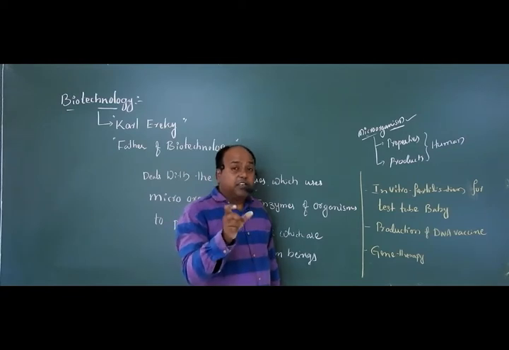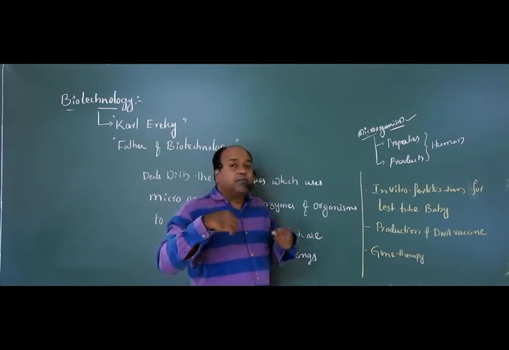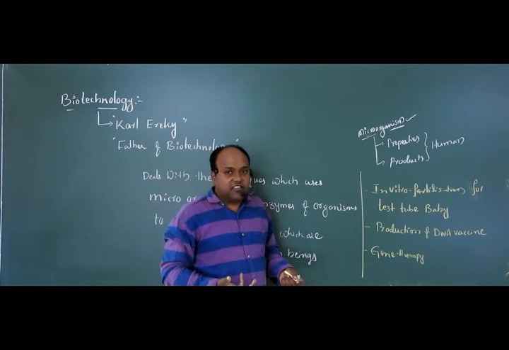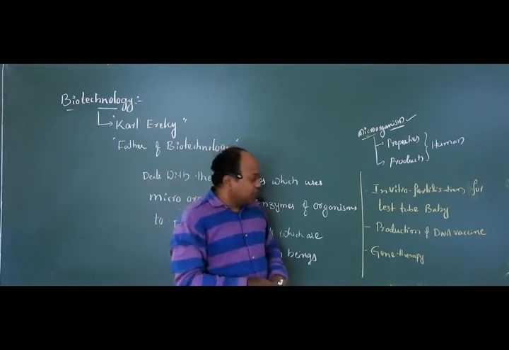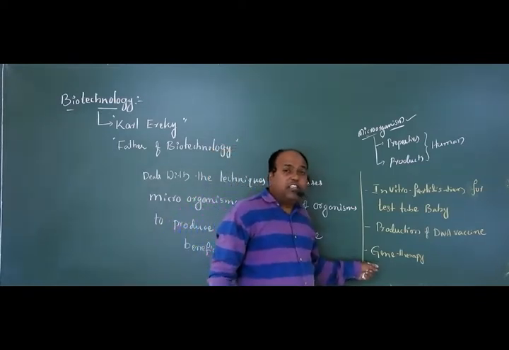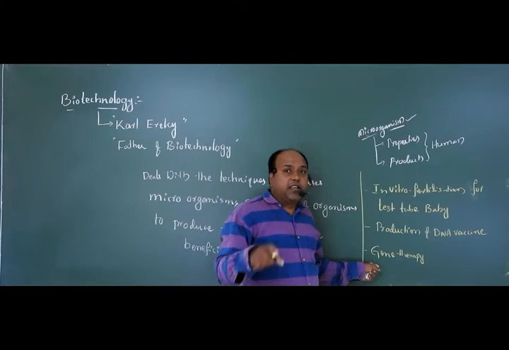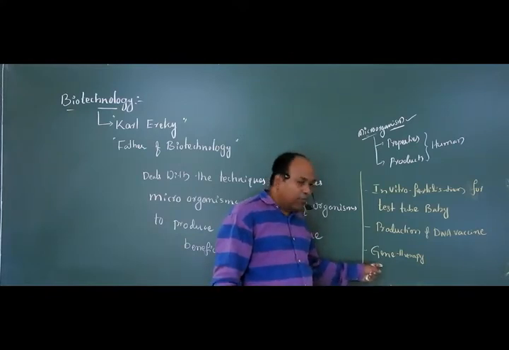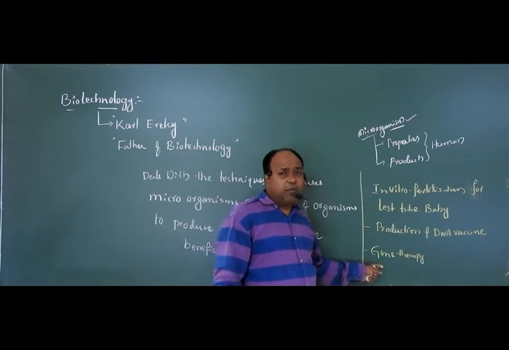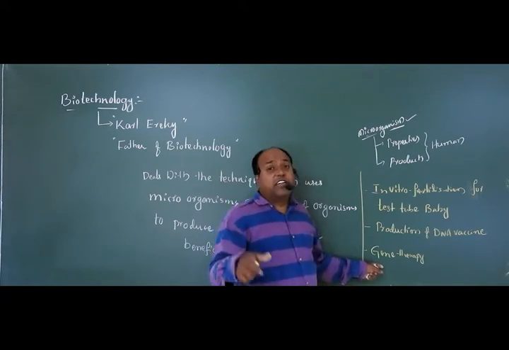By the disturbing of the gene, the person faces some genetic disorder, not disease actually, disorder. By correcting the gene, we can cure that disorder. That comes under gene therapy. About gene therapy, you will read in the next chapter, that is applications of biotechnology. We have an example, that is gene therapy. Gene therapy means correcting the defective gene.